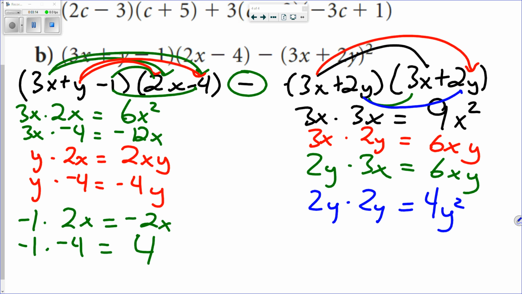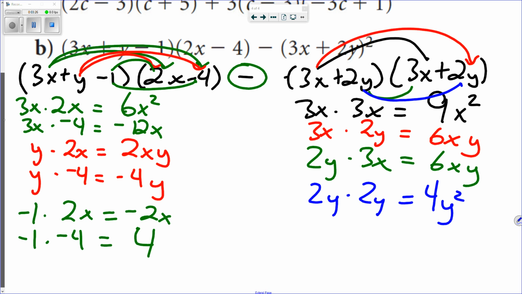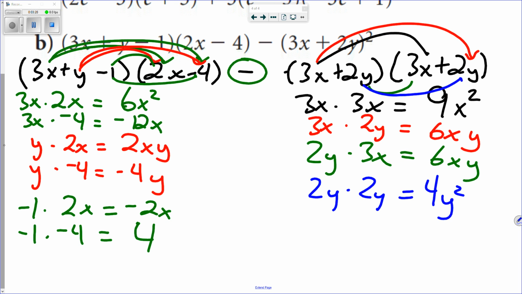Now let's collect the like terms on each side of the negative sign, and then we'll have to deal with that negative sign eventually. So when we look at our first side, we have x squared, just one term with x squared in it. When we look at our x's, we've got two of them.